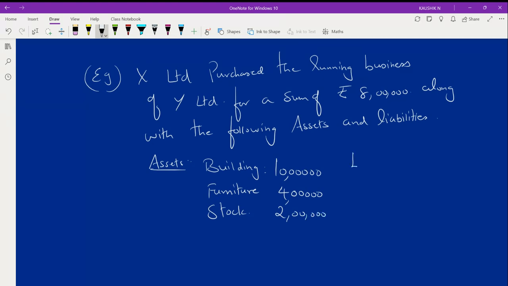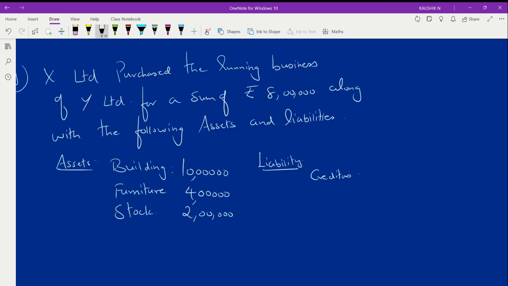And in the liability category, they mentioned creditors. So creditors you have taken for an amount of rupees 2 lakhs. Then there is something called outstanding expenses, which is for rupees, okay, 7 lakhs.